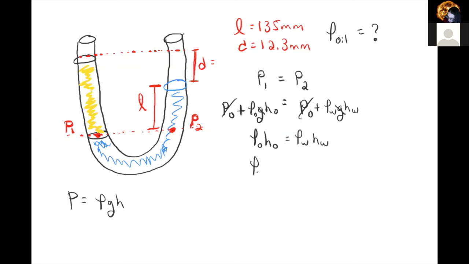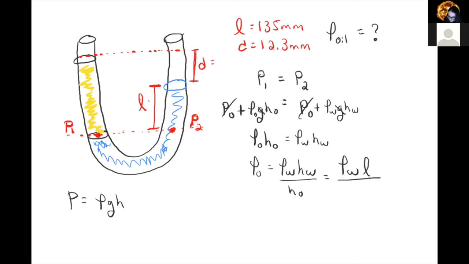So density of my oil equals density of water times the height of the water column divided by the height of the oil column. That height of the water column is going to be the height L, and then we're going to divide it by the height of our oil column.